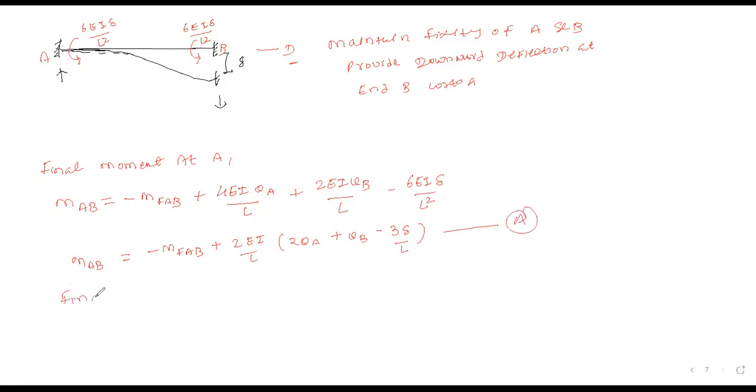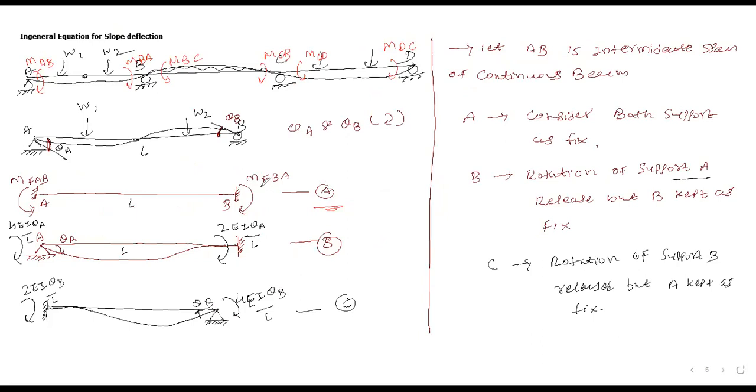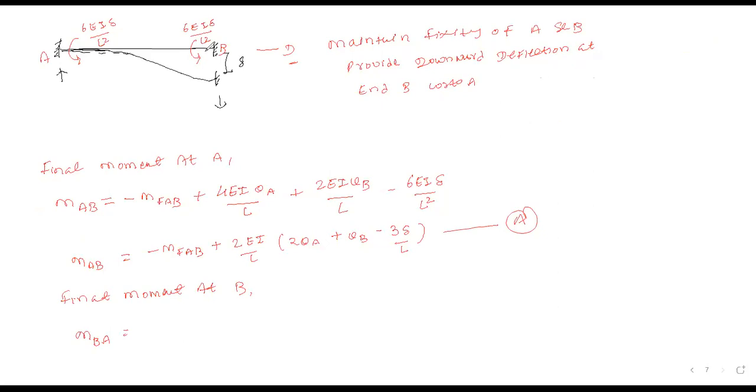Similarly, final moment at B. Taking the final moment at B with the same procedure, MBA should be equal to: from case number A clockwise MFBA, case number B clockwise 2EI theta A by L, case number C clockwise 4EI theta B by L, and case number D anti-clockwise 6EI delta by L square.